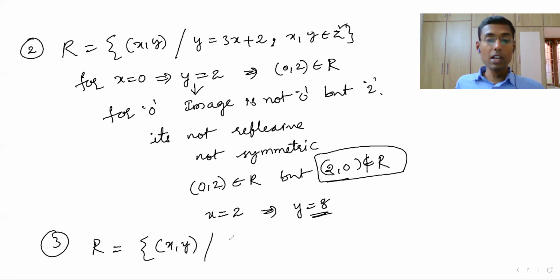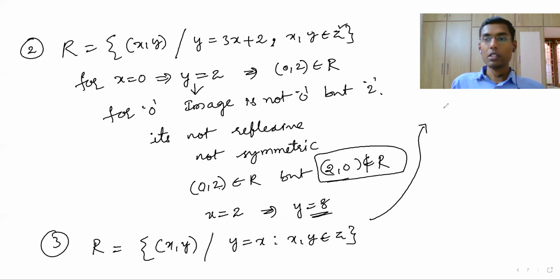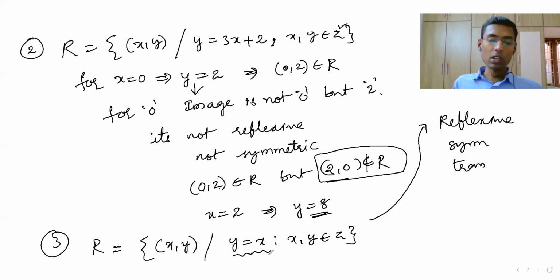R is the set of x comma y such that y equal to x and x comma y belongs to Z. Now you tell me, what is this? Reflexive, symmetric, and transitive, all three. This is equivalence. This is equality.